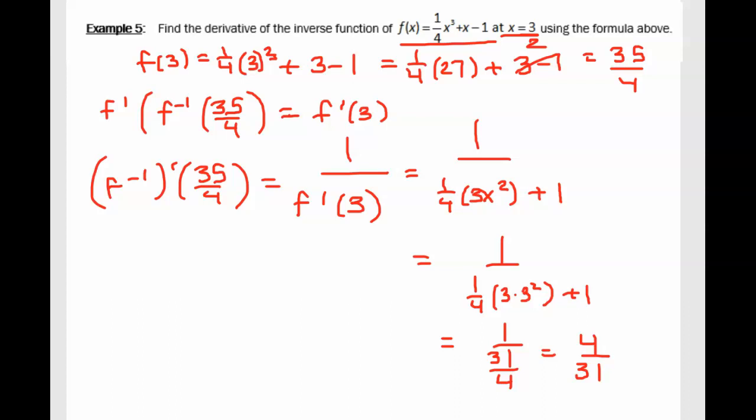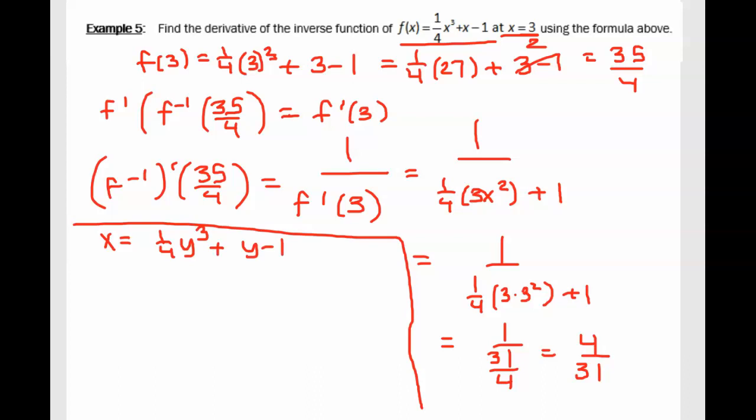You could compare that method to finding it using the inverse derivative, which is flipping your x and your y's. So again, we know that if we flipped our x and y's, that would give x equals 1/4 y cubed plus y minus 1.